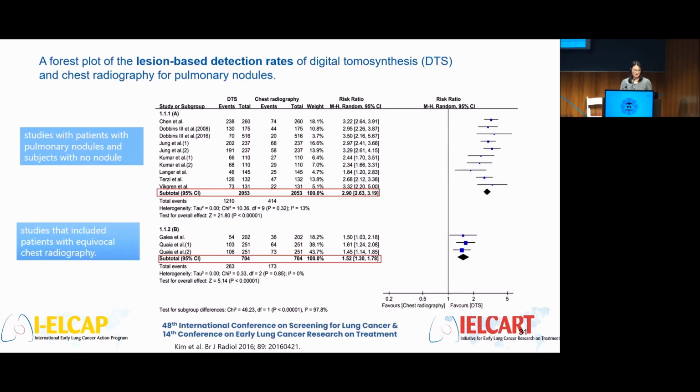Also, for lesion-based detection rate, in studies that include patients with and without pulmonary nodules, the risk ratio of digital tomosynthesis is about 2.9 times higher than chest radiography.